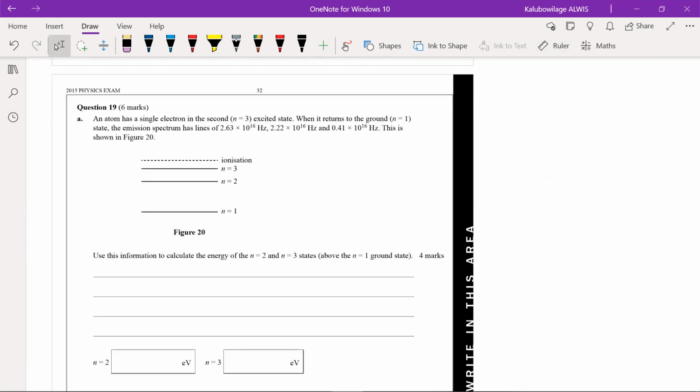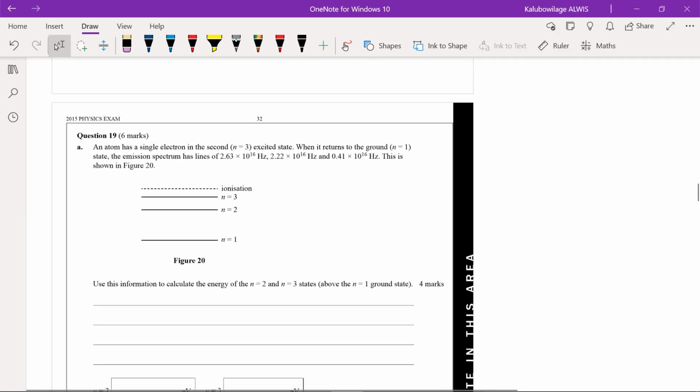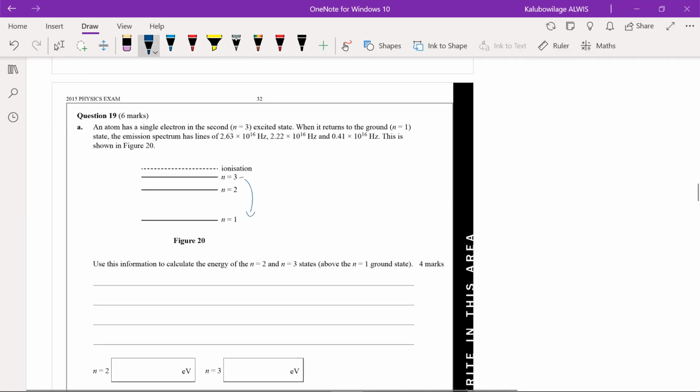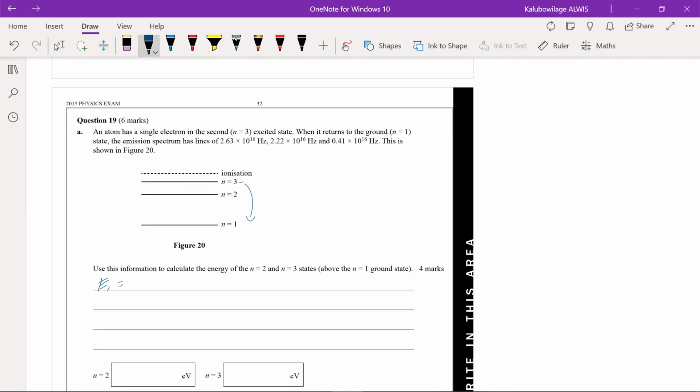Using the information, calculate the energy of the n equals 2 and n equals 3 states. Oh, the n equals 1 ground state. So the highest frequency value we have is 2.63. So that would likely be n equals 3 to 1, yeah.